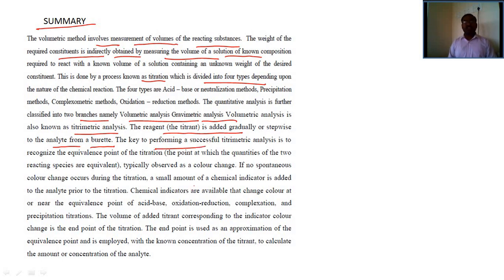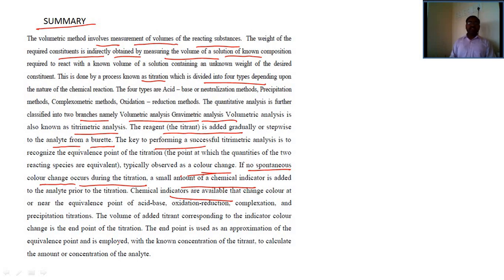The key to performing a successful titrimetric analysis is to recognize the equivalence point of the titration, typically observed as a color change. No spontaneous color change occurs during the titration, so a small amount of chemical indicator is added to the analyte prior to the titration.